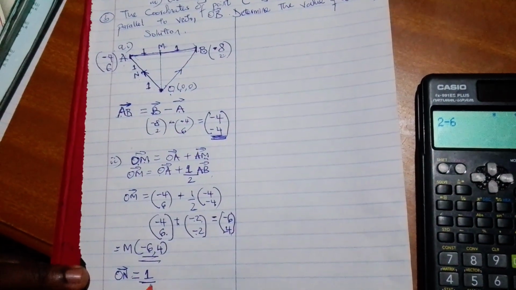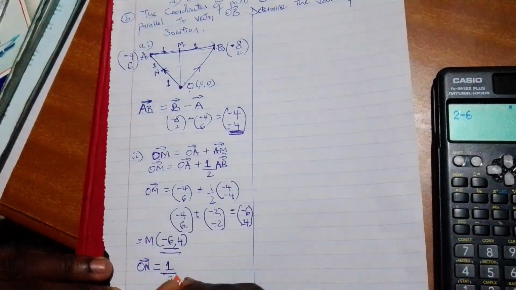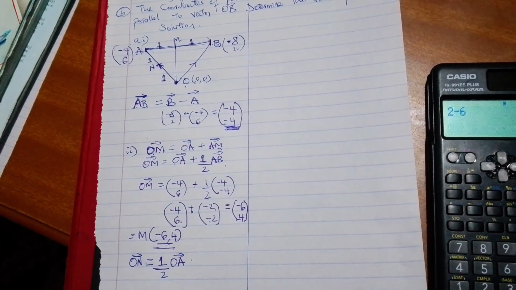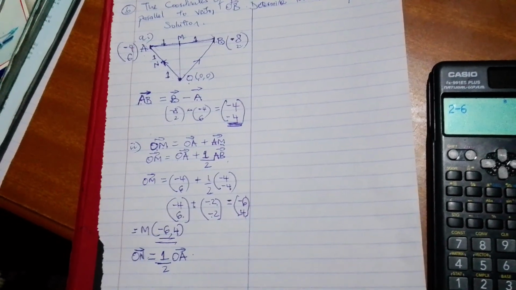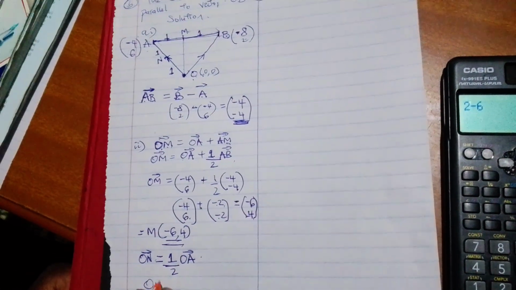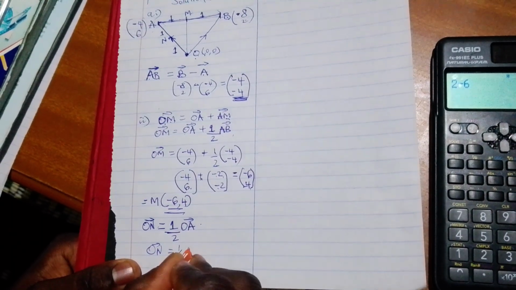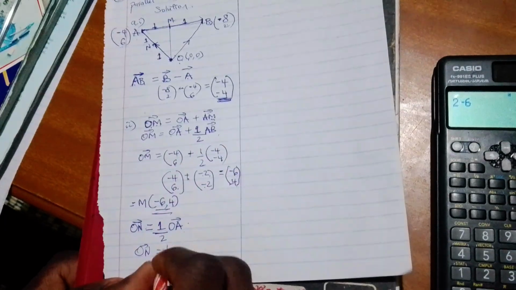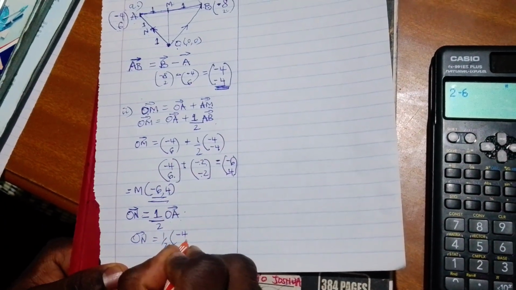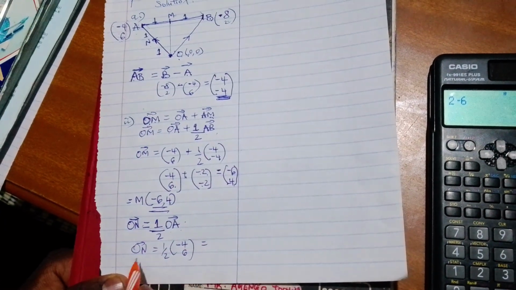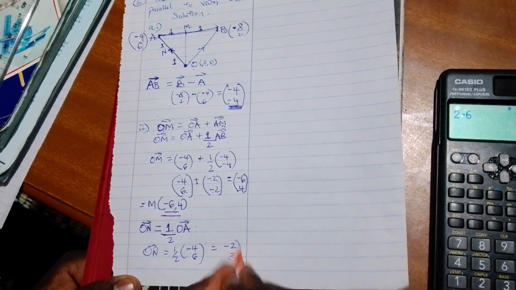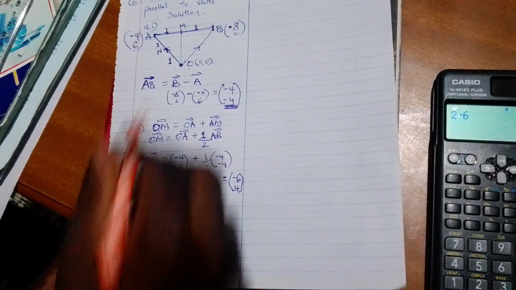That is the entire ratio, so half of OA. So ON is equal to half of OA. What is OA? Already we have OA, the same as the vector coordinates at point A, negative 4, 6. So half times negative 4, that is negative 2. Half times 6 is 3. So the coordinates of point N, your answer is negative 2, 3.